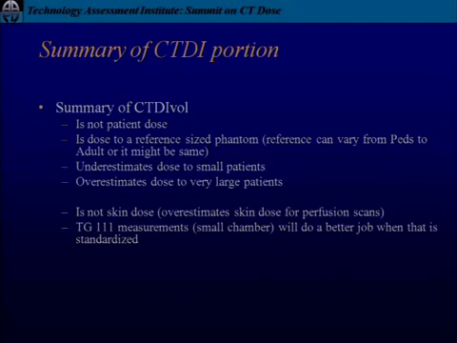So it's a 24 millimeter length chamber rather than a 100 millimeter. It doesn't integrate over the whole length of that dose profile, just trying to capture the peak of it in the specific instance that I'm talking about. There's much more to Task Group 111 than I'm addressing right here, but I wanted to bring that up. So that may not answer your question. Your question was probably going to be, when is ACR going to adopt it?